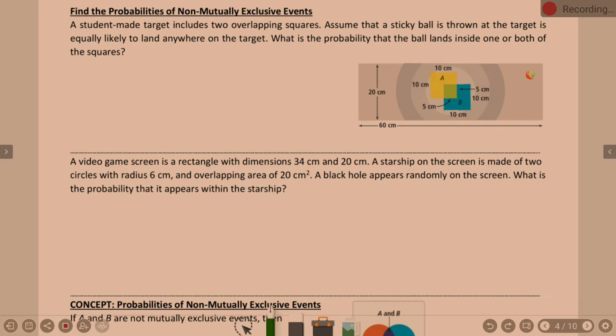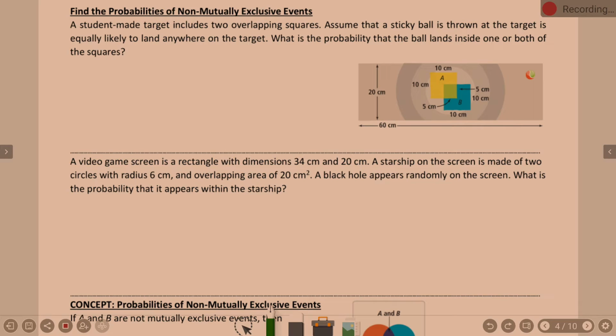So let me make sure you understand, first of all, the target is the whole big rectangle. Okay? So the whole big gray thing, if you look up at mine in the color one, the target is the whole big thing with two overlapping squares in the middle. We're being asked what's the probability the ball lands inside of one or both of the squares.